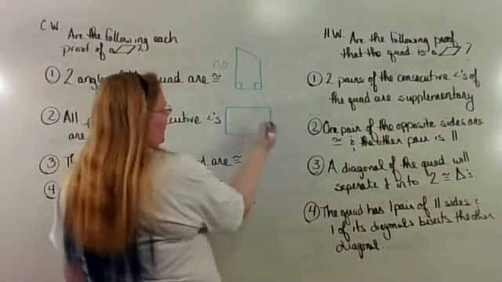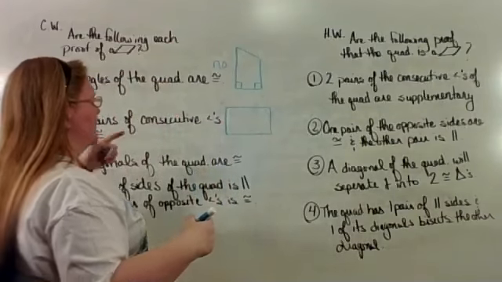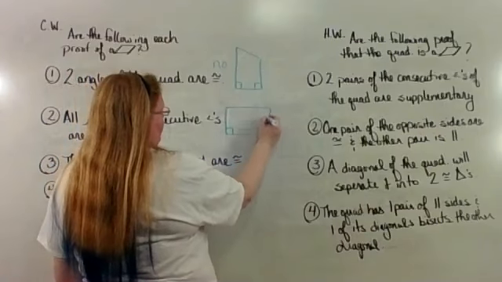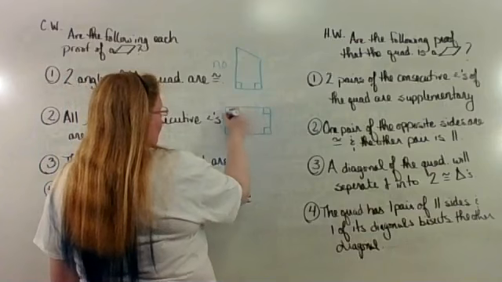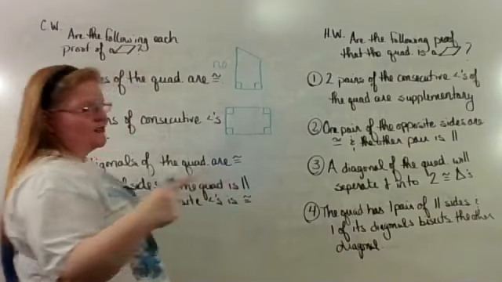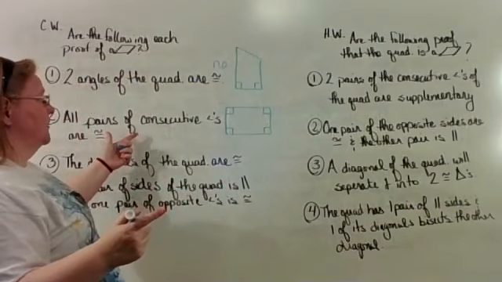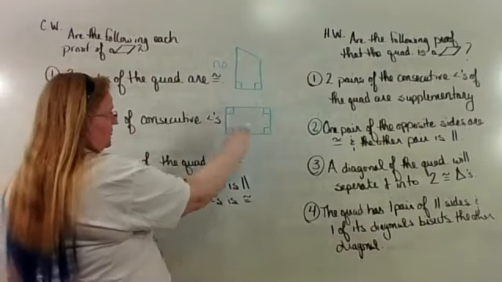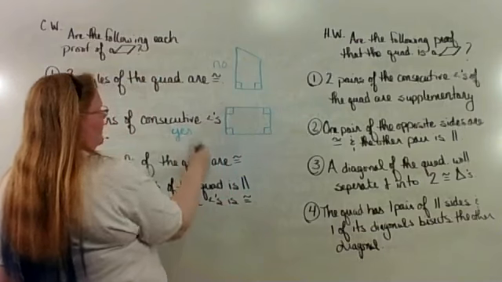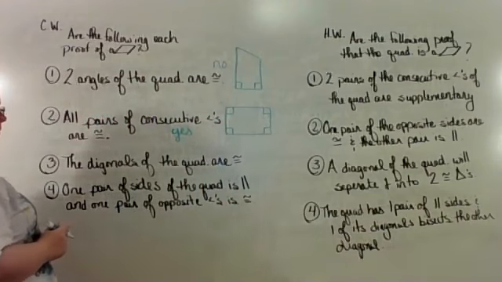So these all have to add up to 360. And if they're all going to be congruent, that means that they're all 90 degrees. And if that happens, then we have opposite angles that are congruent, and that means that it has to be a parallelogram. So this one is yes. Technically, it's a rectangle. Thought I'd throw that one out there.